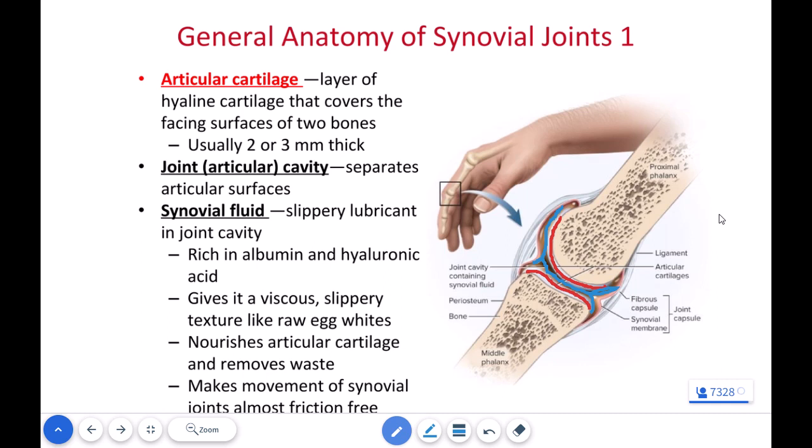The most common source of albumin you've probably experienced is the egg white of a chicken egg. So the next time you're making scrambled eggs, shove your fingers in the egg white and feel how slippery those egg whites are. Both the albumin and the hyaluronic acid give the synovial fluid a little bit of viscosity and a high degree of slipperiness. In other words, it's a thick liquid that's incredibly slippery.